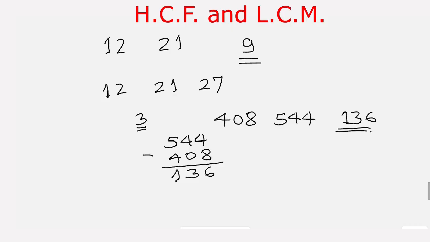It means that our HCF is 136. This way we can find the HCF even without going through many calculations. And HCF can never be greater than the difference between any two numbers of the given numbers. I hope you have understood this property of HCF.